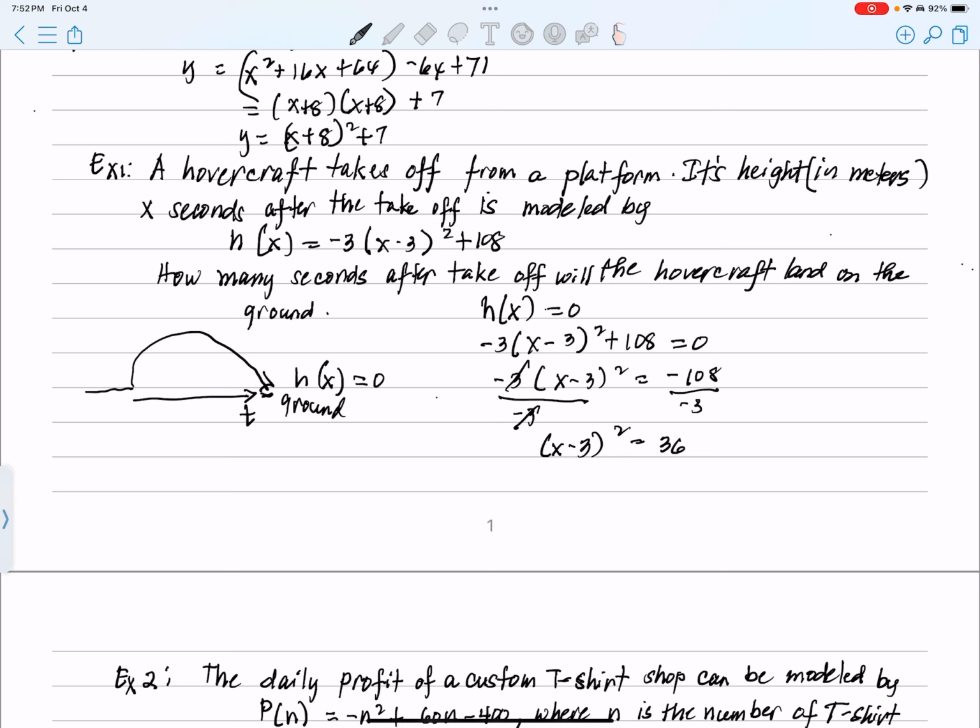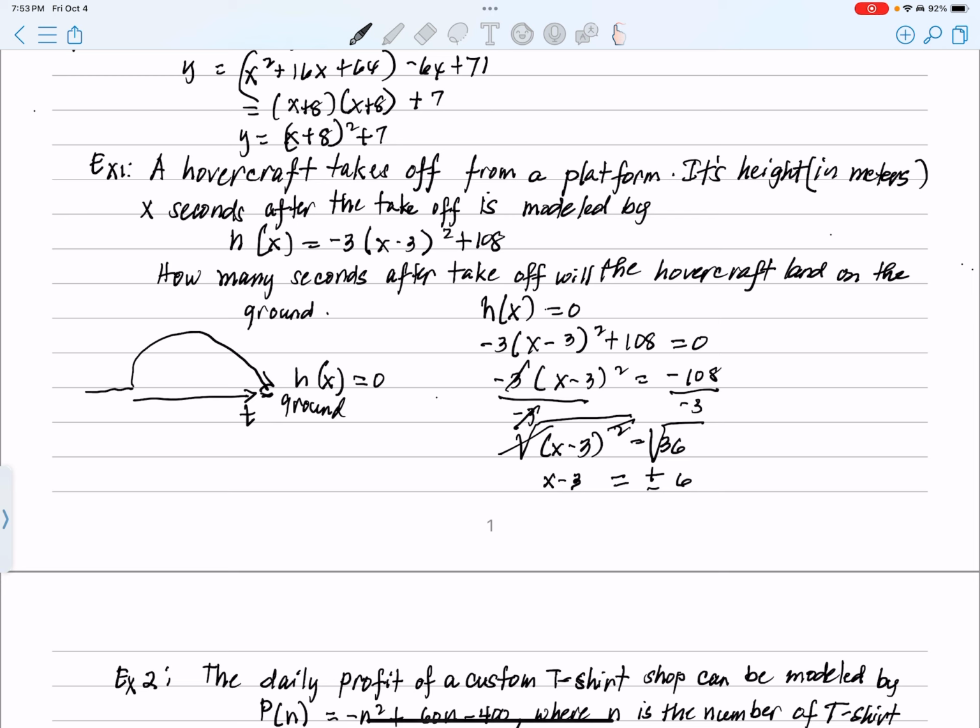Now remember how we take out the squared sign by taking the square root of both sides to eliminate the squared. Okay, so we can cancel this out. I hope you can remember in your radicals, the square root of 36 would become plus and minus 6.